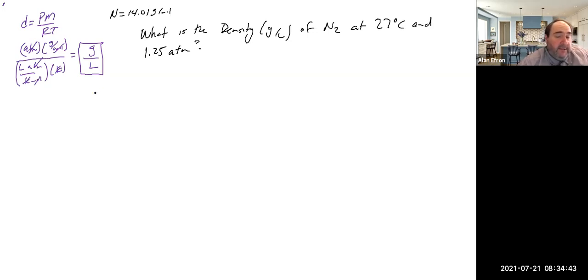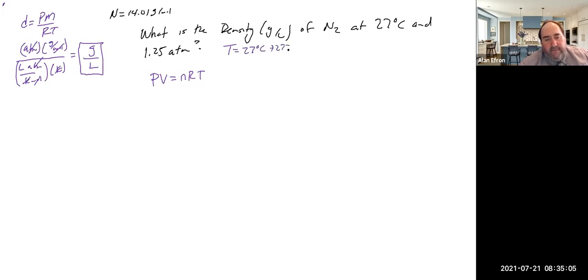Again, in this situation, if you really couldn't remember that formula, the ideal gas law is a good thing to think about, and really what that formula is based off of. So if we think about the information that we have given to us, we do have the temperature, which is 27 degrees Celsius.